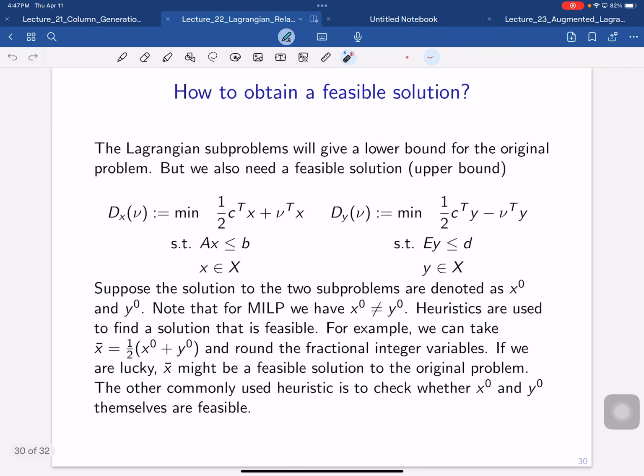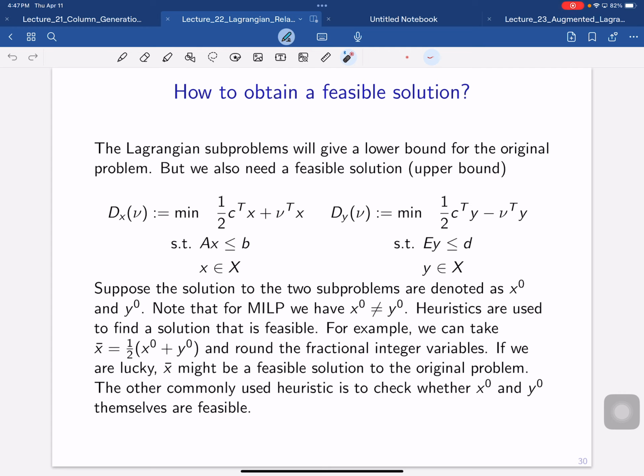Yeah, so another thing I would like to talk about real quick is how to obtain a feasible solution in Lagrangian decomposition. So far we only talked about how to obtain a good bound, right? By solving the Lagrangian master problem or doing the subgradient method, right? That only gave you a lower bound of the original problem. But when we are solving an optimization problem, we not only need a lower bound, we also need an upper bound, right?